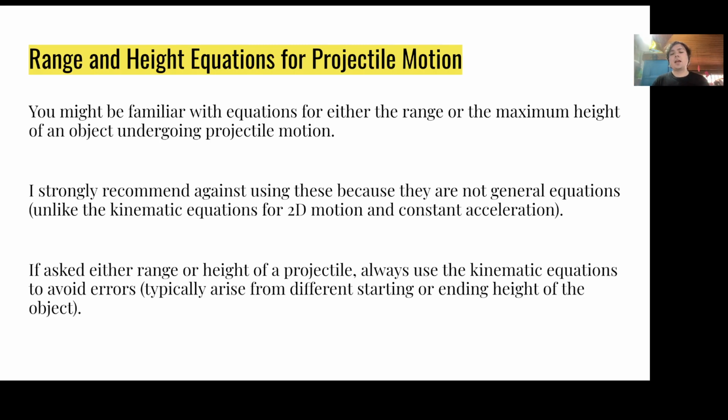If you're throwing your ball at the same height as where you're checking to see where it lands, then you could use the range equation or the height equation. But that's a very rare case in problems. Usually, you'll be throwing the ball from the height of a person and see where it lands on the ground. And so the height mismatch will cause the range equation to be invalid.